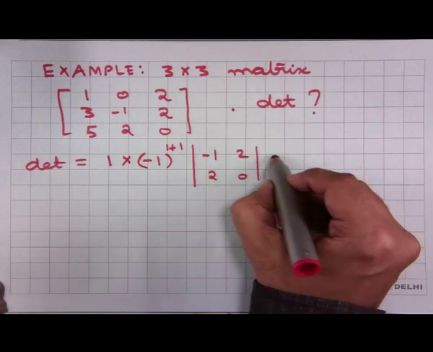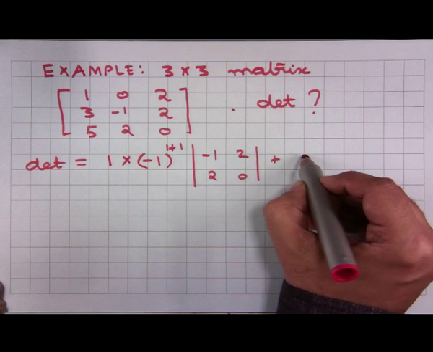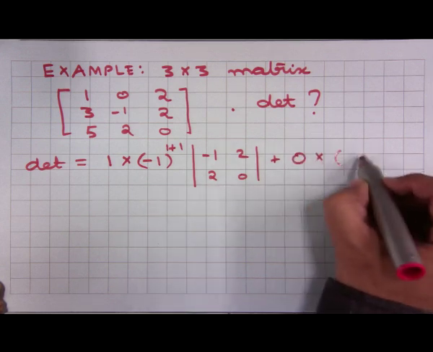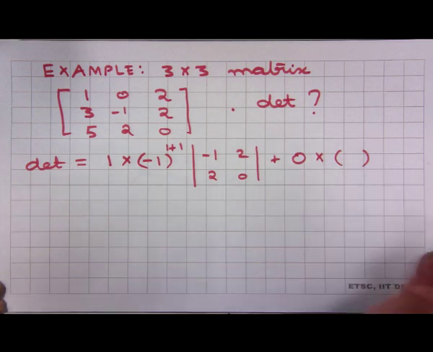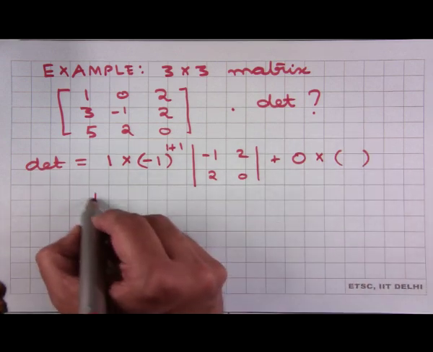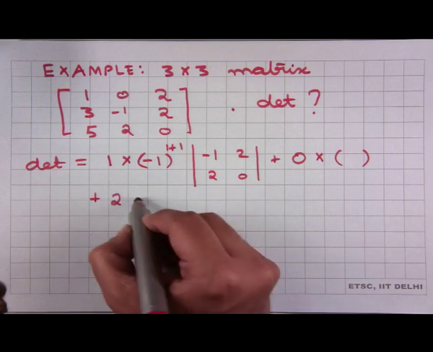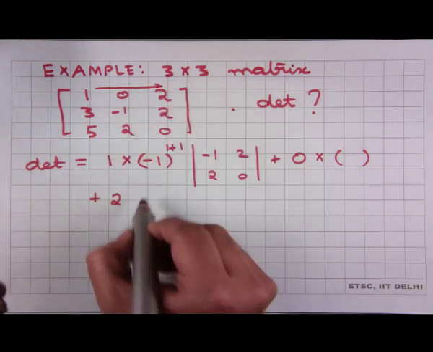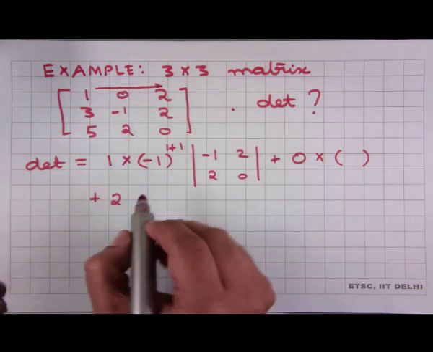Then the second term in the sum, apologies, is going to be 0. Now, we do not really care what the cofactor is because it is multiplied by 0. So, it is going to be 0, and then the third term is going to be 2, which is this entry. We are expanding along this row, apologies.